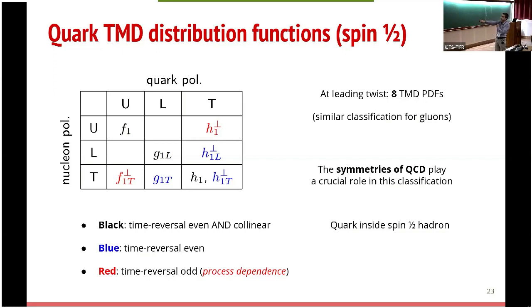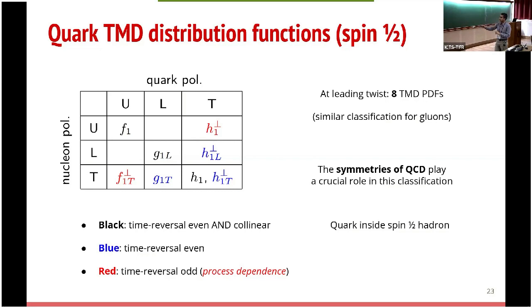The black ones on the diagonal are the 3 coefficients that survive also at the collinear level, in collinear factorization. All the other 5 do not appear in the collinear case because when you integrate over transverse momentum, they disappear.